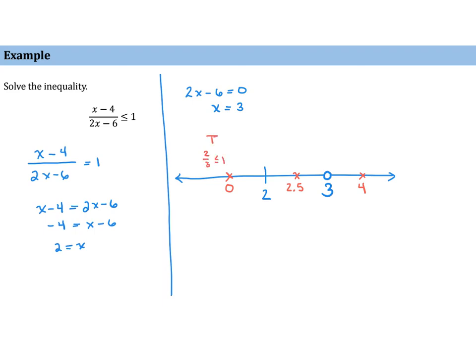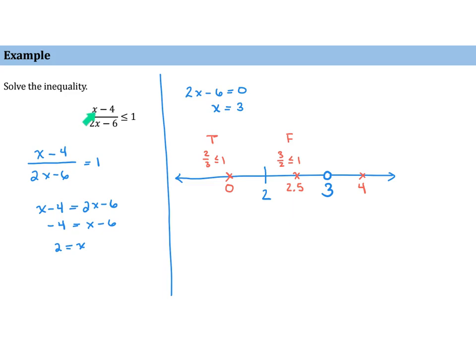That's true. Now, let's choose 2.5 to be substituted into our inequality. That gives us 1.5 or 3/2. So, 3/2 is less than or equal to 1. That's false. What happens if we put 4 in?